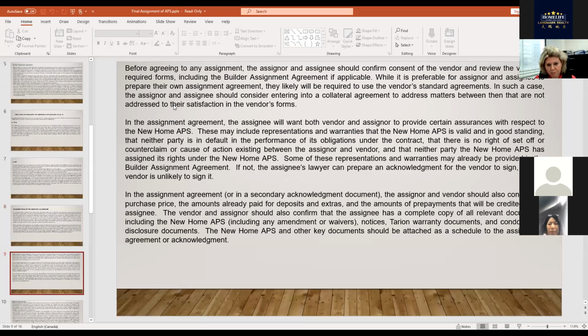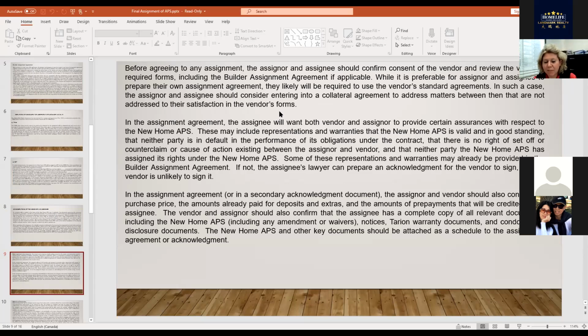Then we go to the following slides. You want to know that the assignor is making his own representations and warranties. What is important?